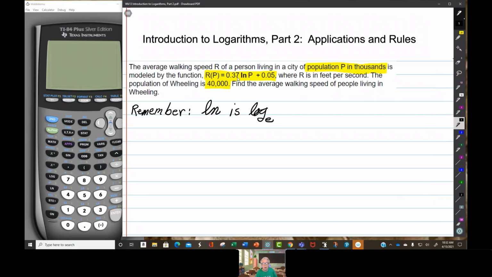And so that's what we're going to be working with. Now it says where R is in feet per second.